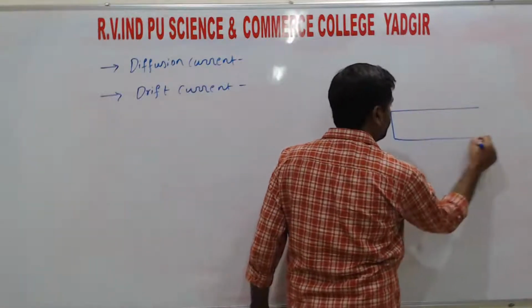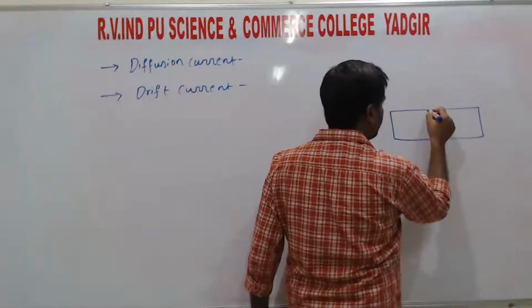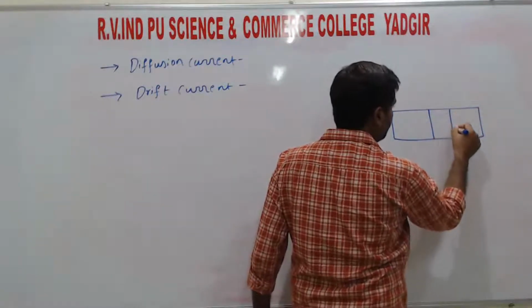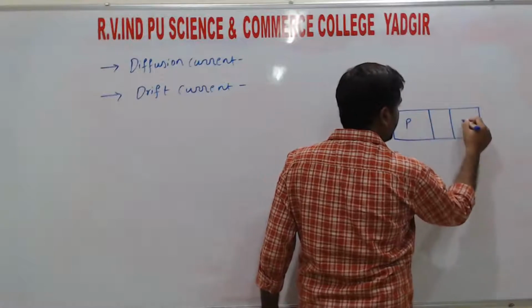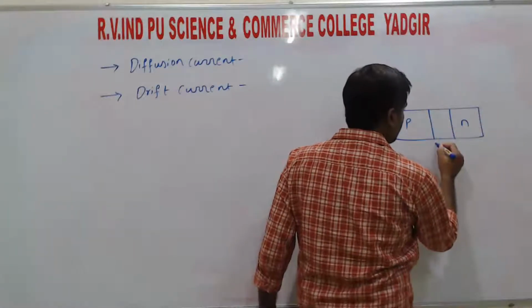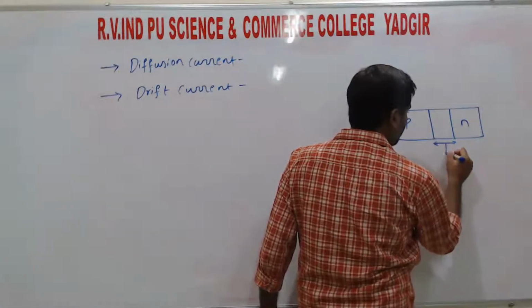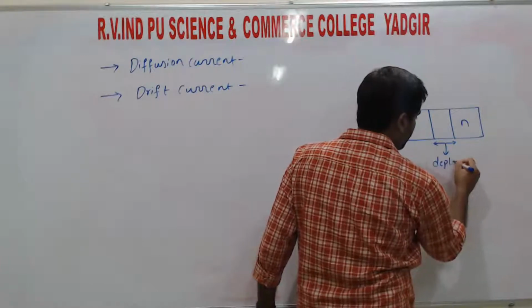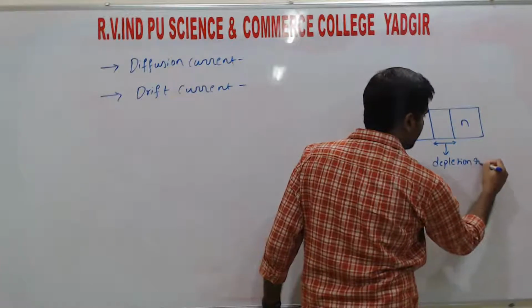This one is the semiconductor. Here we have P and N. So this one is the junction, which we call the depletion region.